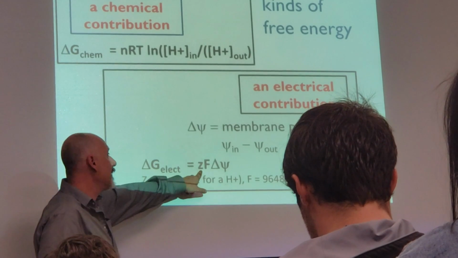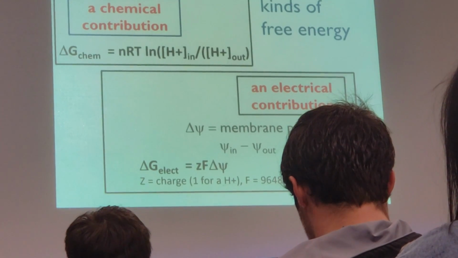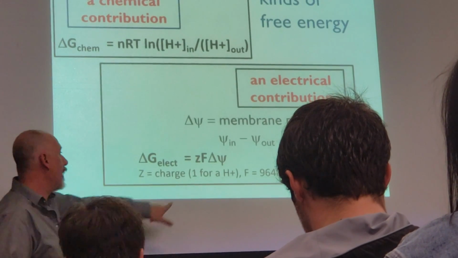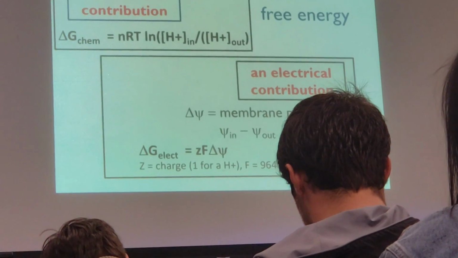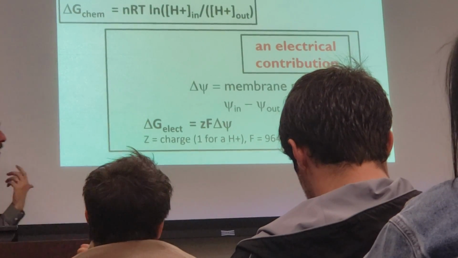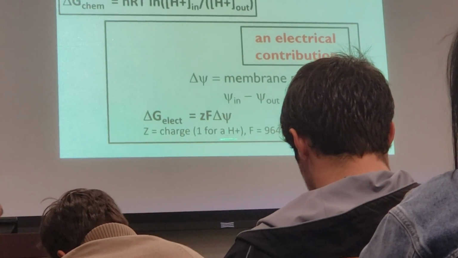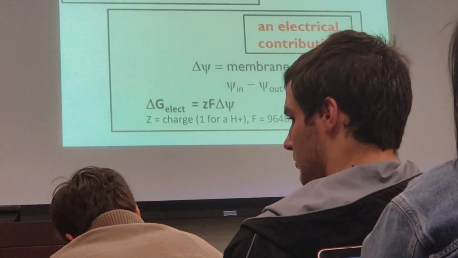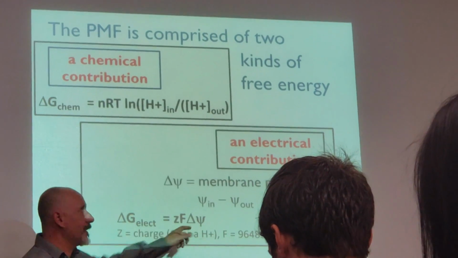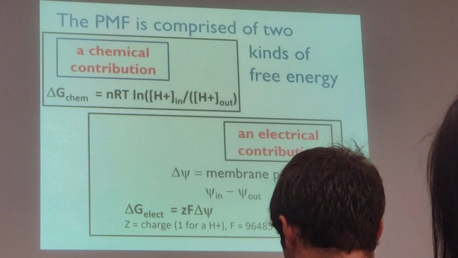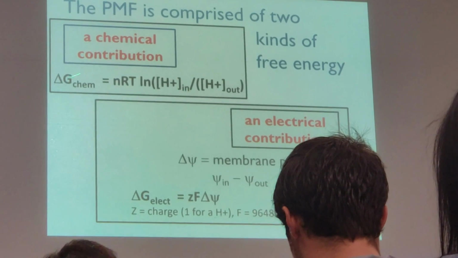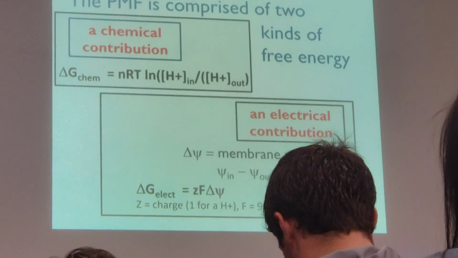And I could use the same types of equations that I use in physics in dealing with electricity to figure out a delta G. So delta G is just going to scale to the charge in the molecule, in this case +1 for a proton. F is the Faraday constant, we can ignore it for now until we talk about electrical potentials. But it is some scalar to convert volts to a real delta G term. So there's two real roles of the protons here. Both of them give favorable delta Gs, but one is coming from the gradient and one is coming from electrical.